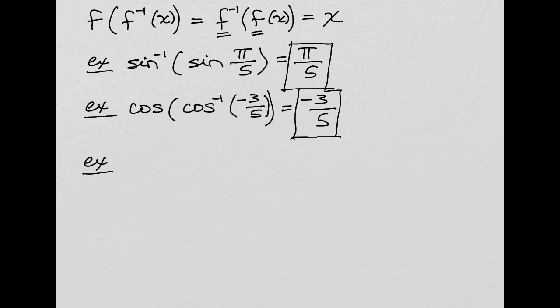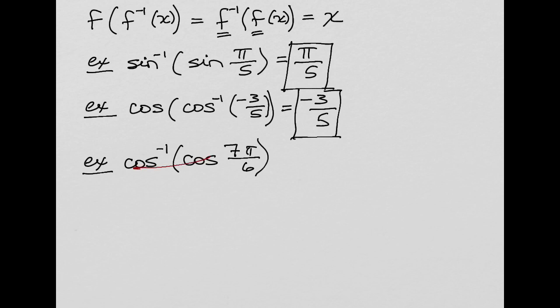But suppose I want the arc cosine of the cosine of 7 pi over 6. Your first instinct might be to say, I got an inverse cosine composed with a cosine. Those are inverse functions. They undo each other.